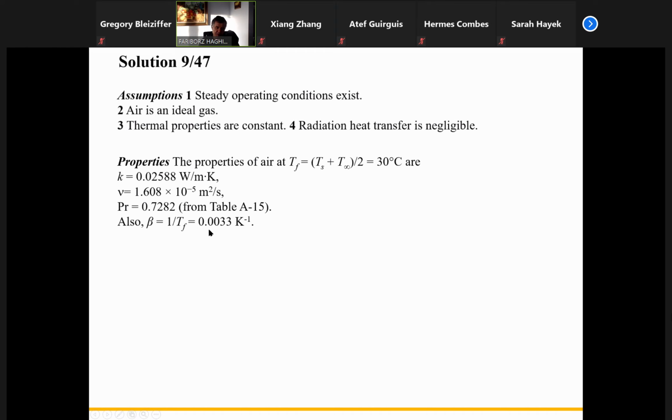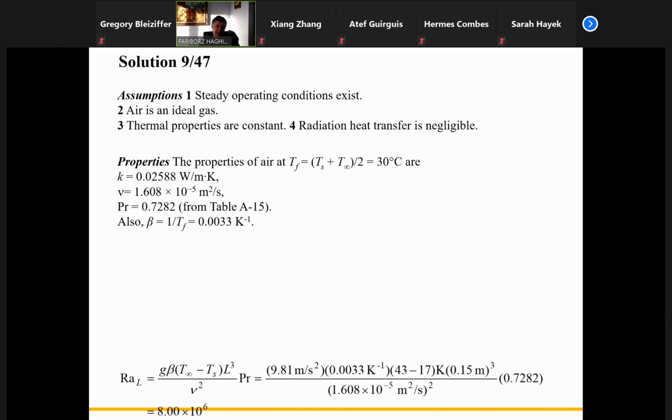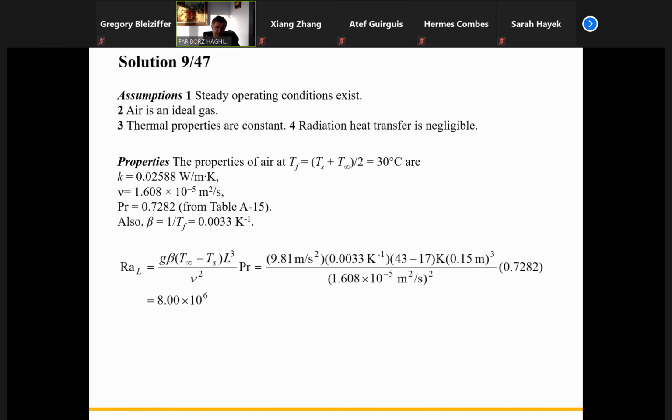Make sure. And then we go back and we calculate the Grashof number or Rayleigh number. You can see here, this is the value of g, the beta value. This is the temperature difference. This is the characteristic length. It mentions the can is 15 centimeter. And here, this is the kinematic viscosity.